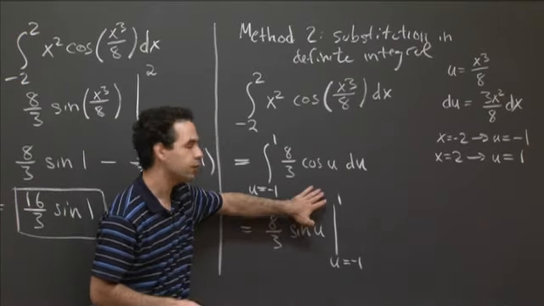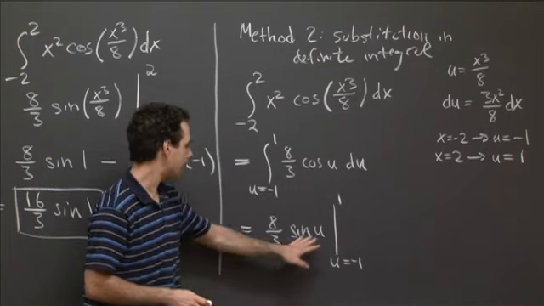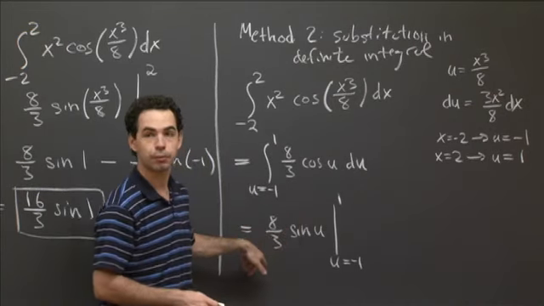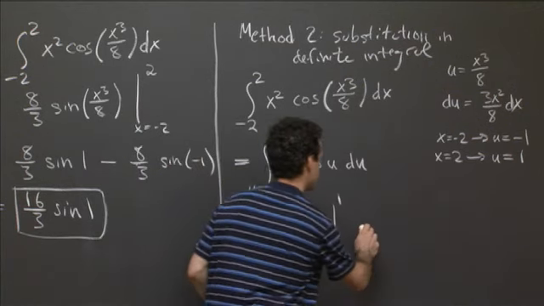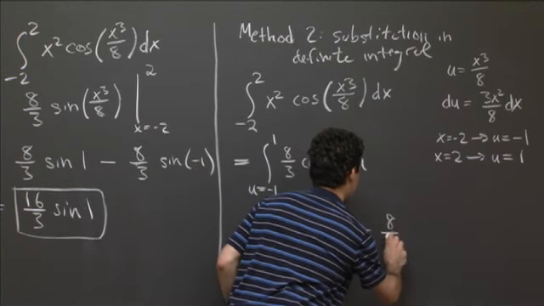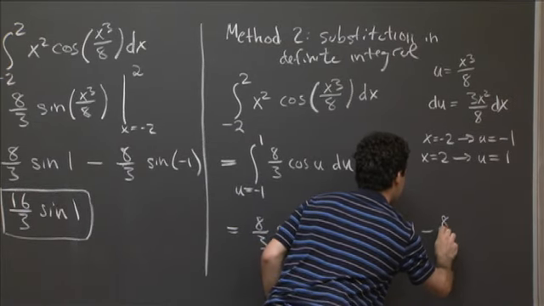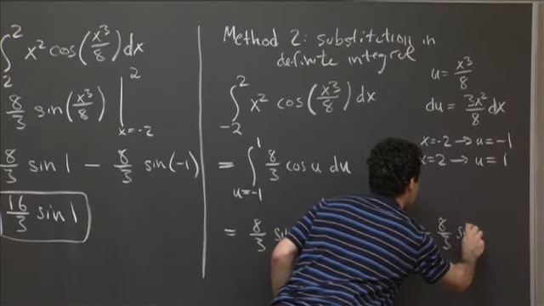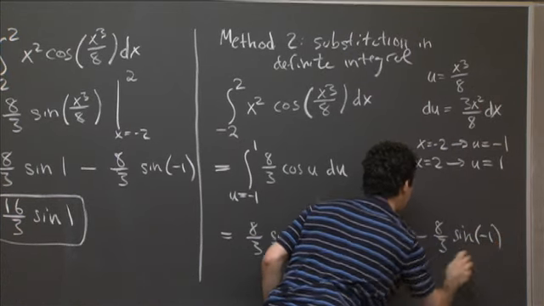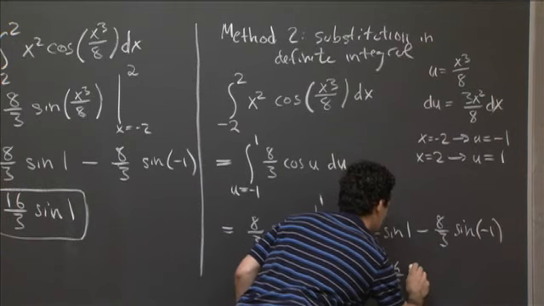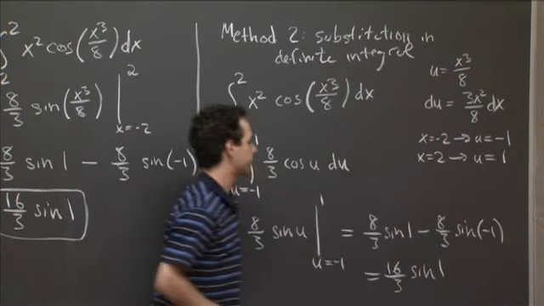I have the values that I'm going to plug in here already in terms of u. So I just plug these values in and take the difference. So this is equal to 8/3 sine of 1 minus 8/3 sine of minus 1, which, as we said before, is 16/3 times sine of 1.